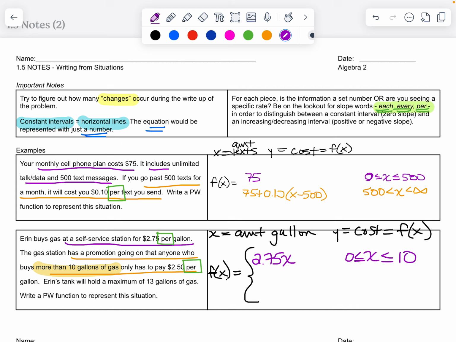The way that I read it is that if you hit the mark 10, or past 10, so maybe like 10 and a quarter, 10 and a half, 11, 12, 13, with 13, of course, being the maximum amount of gas that fits into Aaron's tank.